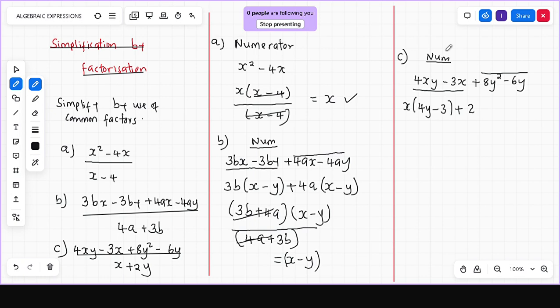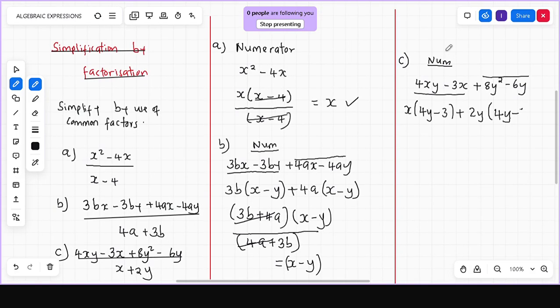GCD of y squared and y is y. So 2y goes outside the bracket. Then 8 divided by 2 gives 4. Then we had y squared; when y goes outside the bracket, we are left with only one y. Then minus 6 divided by 2 is 3. Then we don't have a y because y has gone outside the bracket.